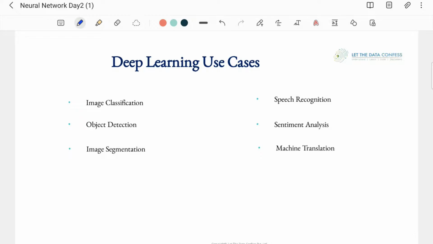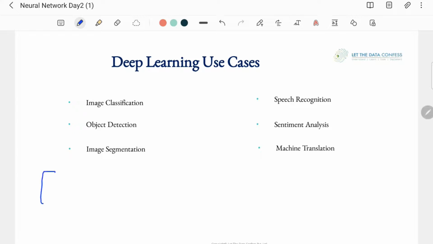Now let's discuss some use cases. As I always say, we need lots of data, a very huge amount of data, if we are going to train our network with the deep learning model or those algorithms. Let's not take a very technical example. Suppose you have to classify images, right?